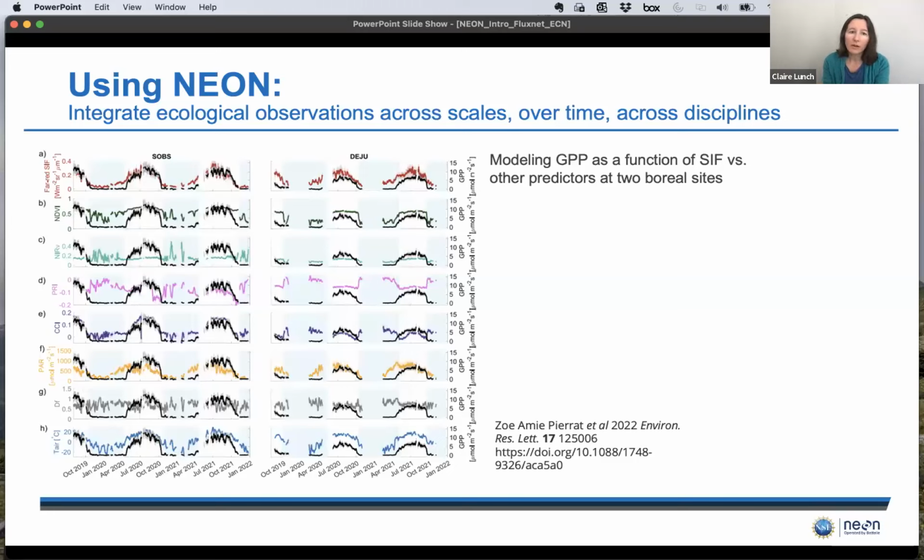Here, what they're doing is really taking advantage of that depth of data at a single site. Having these fairly extensive measurements at a given site gives you more opportunities to explore more predictors and more possible drivers of the phenomena you're interested in.